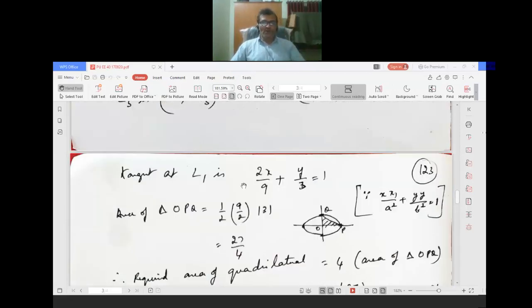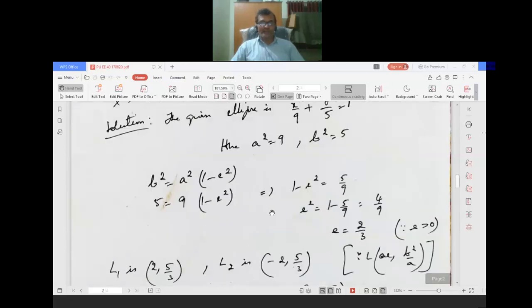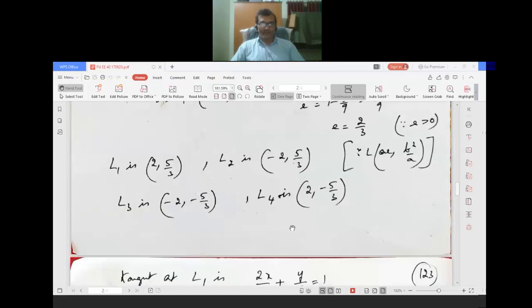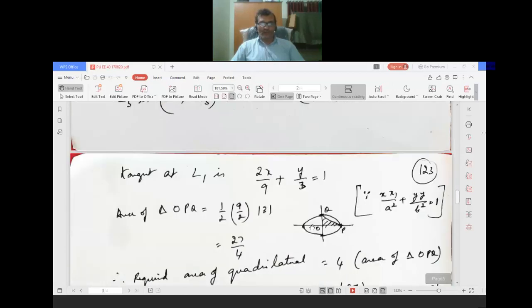Now, once you have got this tangent at L1, the area of the triangle OPQ is equal to half into base into height. The base will be nothing but half of the minor axis, that is 9 by 2, because a squared is 9, so a will be 3. So half into base into height.